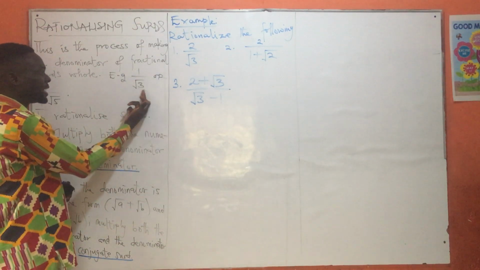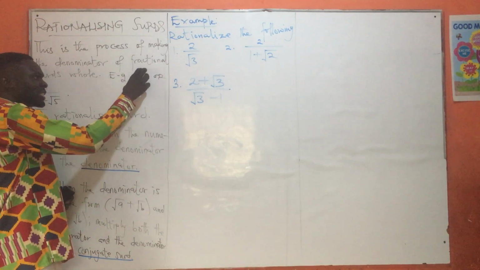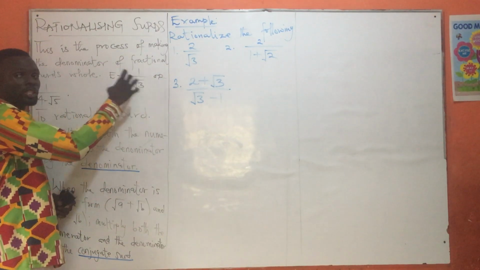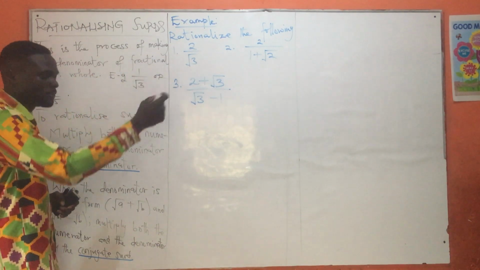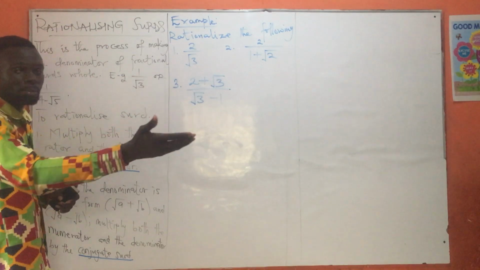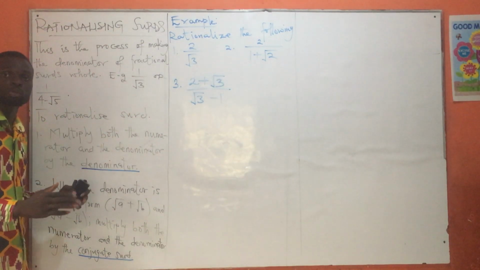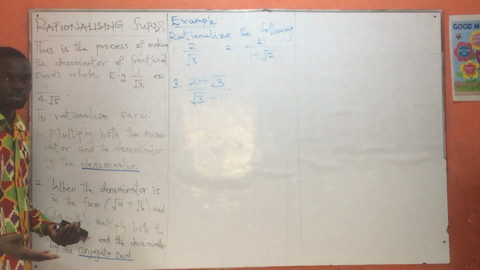And what is the denominator? The denominator is root 3. So if I want to rationalize this fraction, then I will multiply the numerator by root 3 and multiply the denominator also by root 3. Do the multiplication, then you will be able to rationalize the fractional surd.